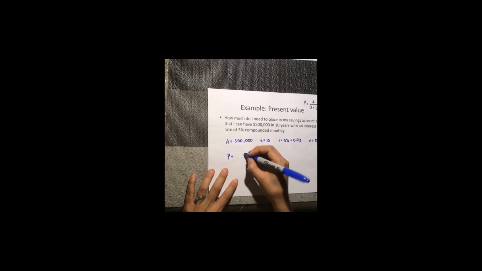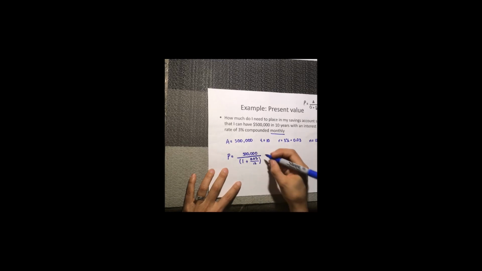Okay. So what we're going to do is we're going to use the formula for the present value, or for the principal that we want to get. And the principal is going to be equal to 500,000 divided by 1 plus the rate that we have here, which is 0.03, over n, which in this case is 12. Again, we're compounding monthly, so 12 months a year, 12.